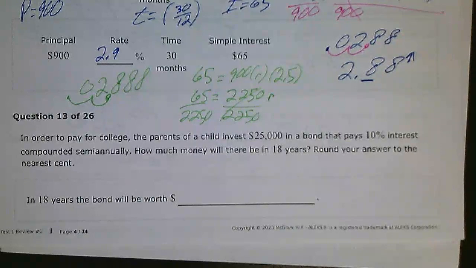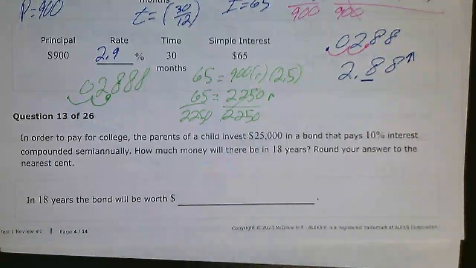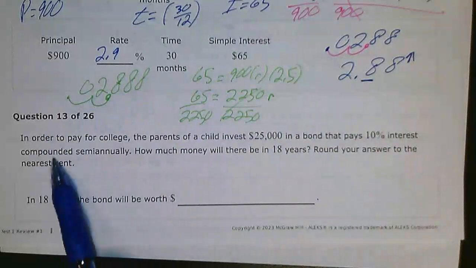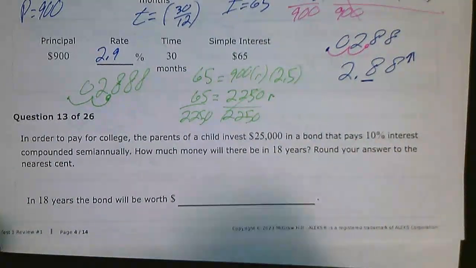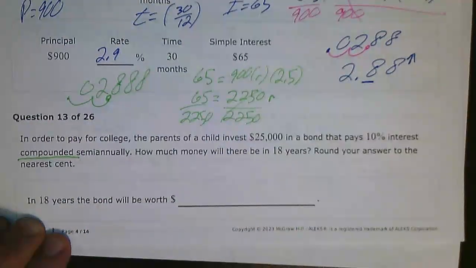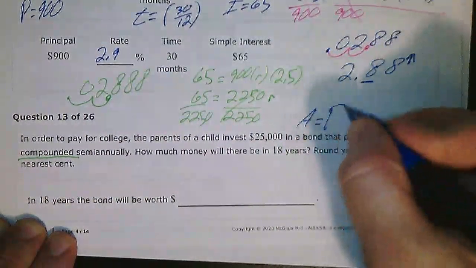Question 13. In order to pay for college, the parents of a child invest $25,000 in a bond that pays 10% interest, compounded semi-annually. Compounded. So again, it tells you which formula you are using. In this case, it's compound interest.